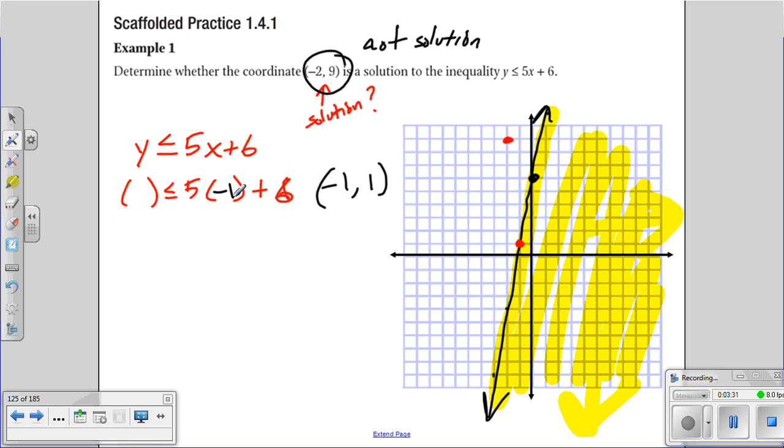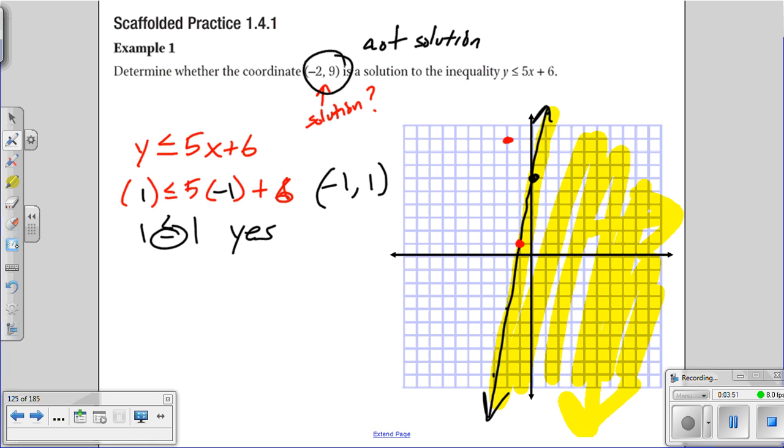So -1 goes in for x, 1 goes in for y, and we have 5 times -1, which is -5, plus 6 is 1. So is 1 less than or equal to 1? And the answer is yes. Notice it works out perfectly the same. This is where the equal part comes into it. If that wasn't there, this wouldn't be the case. Since it's on the line, it is included.